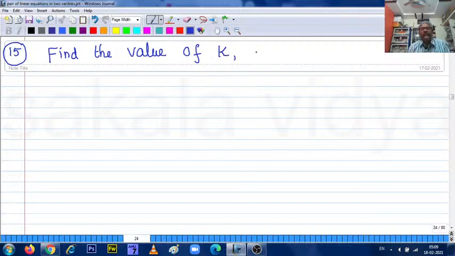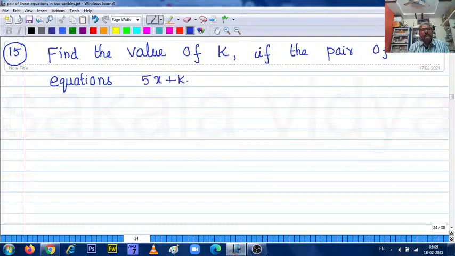Find the value of k if the pair of equations 5x plus ky plus 8 equals 0 and 10x plus 14y plus 12 equals 0 has no solution.